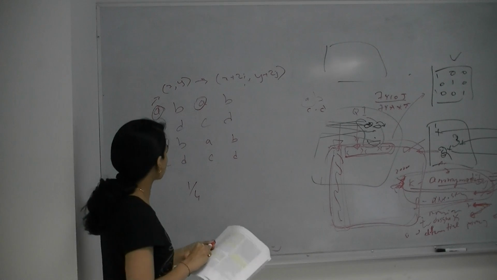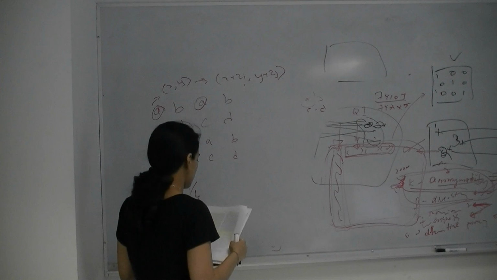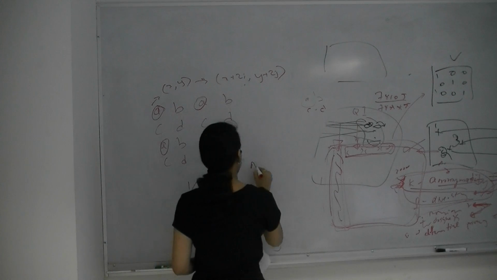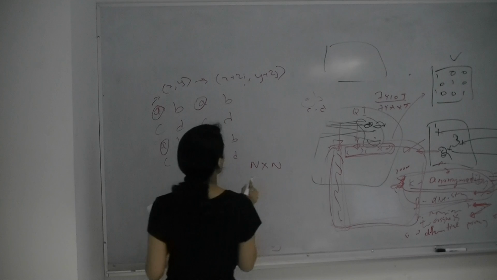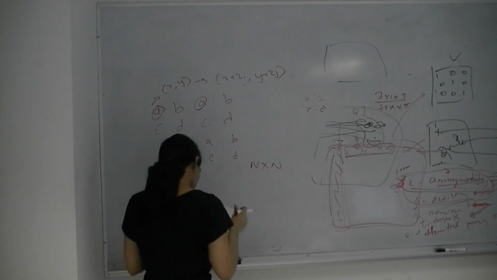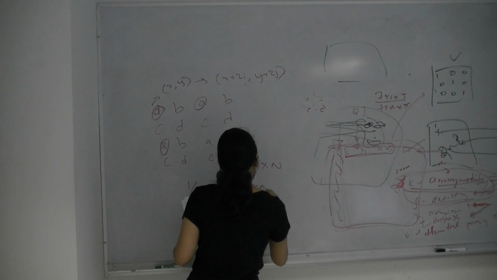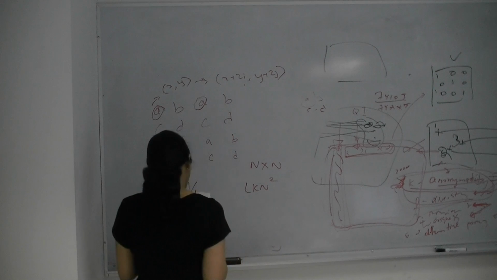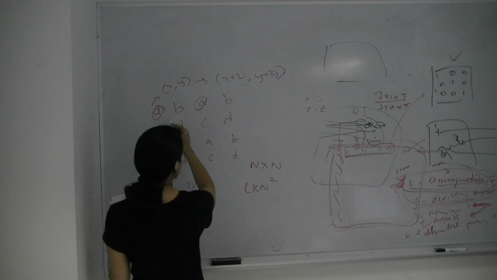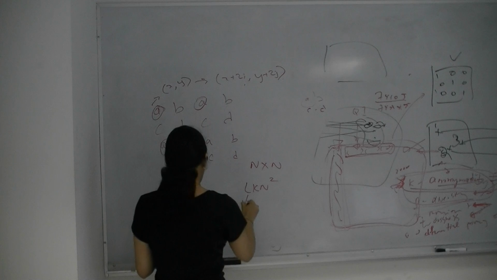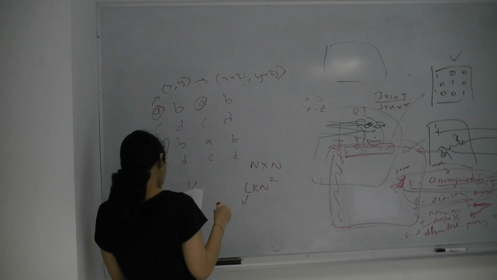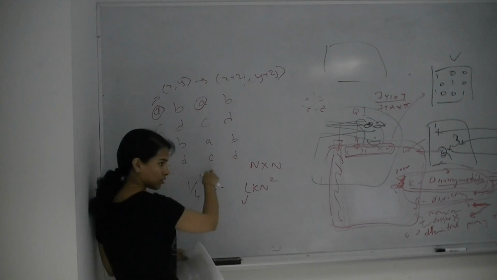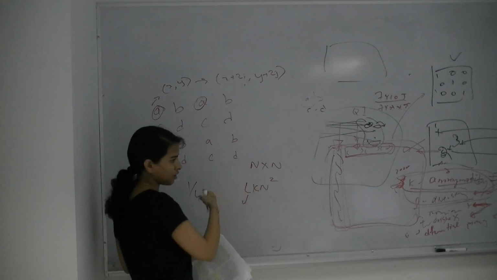Suppose this patch is an n by n patch, then the computational complexity of this patch could be, where L is the number of locations we search and K is the number of operations performed per pixel, like the absolute difference being calculated and all that.